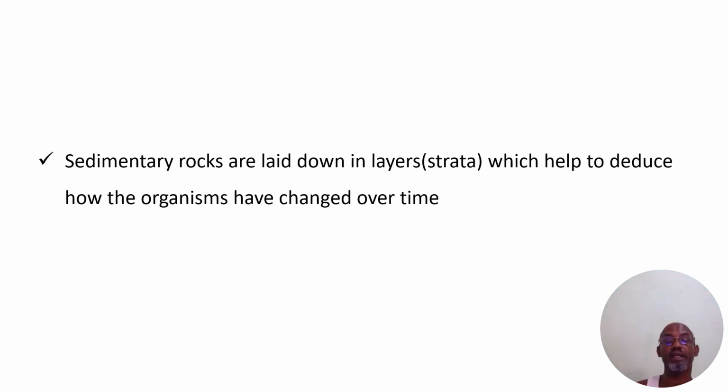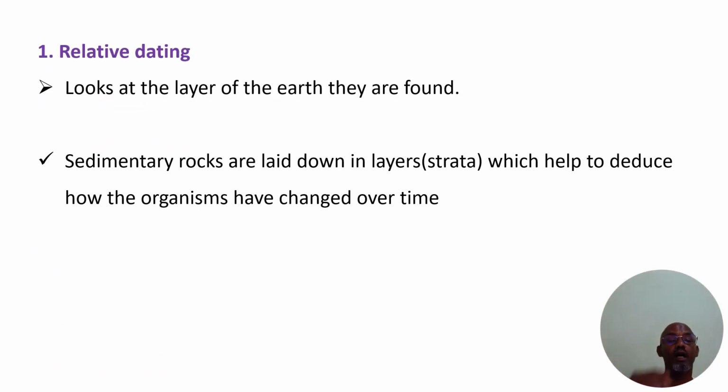When it comes to relative dating, sedimentary rocks are laid down in layers. Relative dating looks at the layers of the earth. You dig down through the layers of the earth, which contain fossils, and the oldest fossil will be deeper.